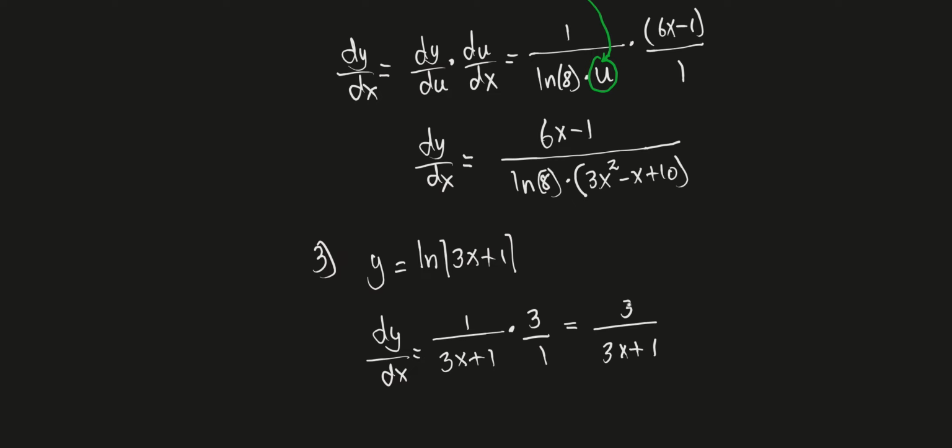Don't be tempted to try to reduce this, because the 3 might be a factor here, it might be a factor here, but it's not a factor here. So we would have to be able to factor out a 3 in the denominator in order to reduce this fraction, right?